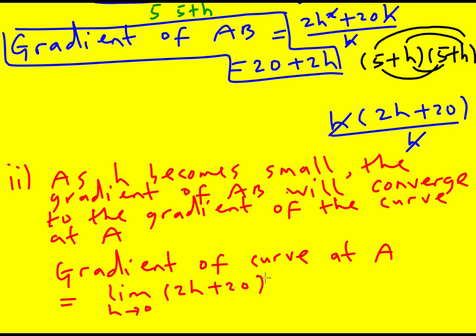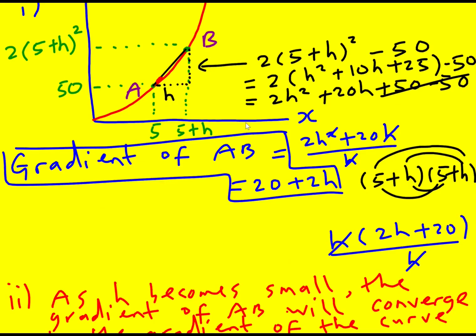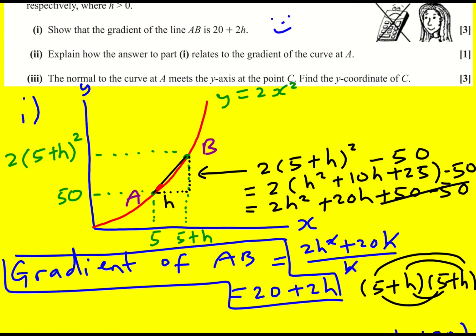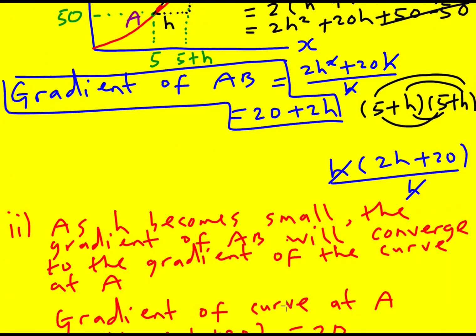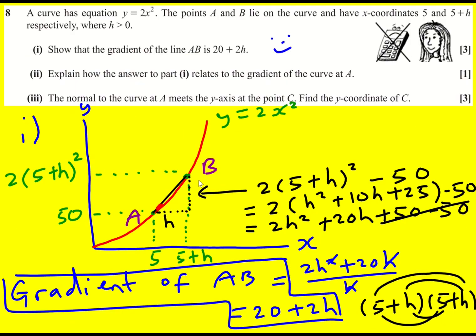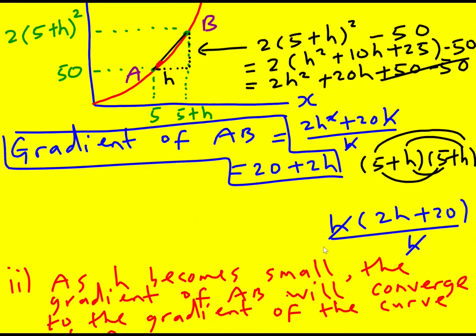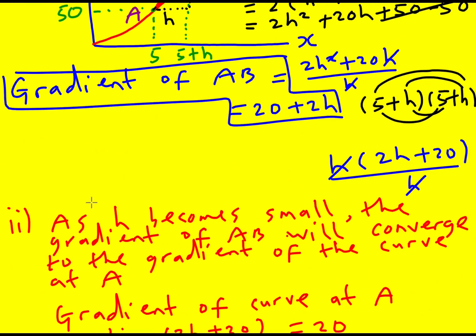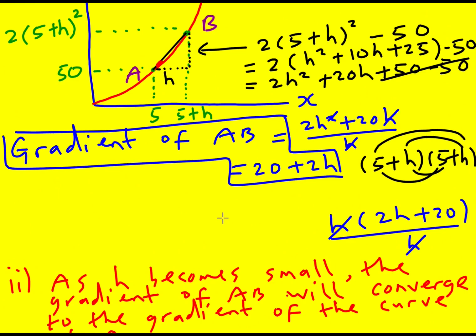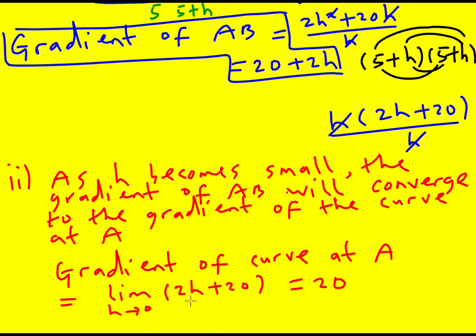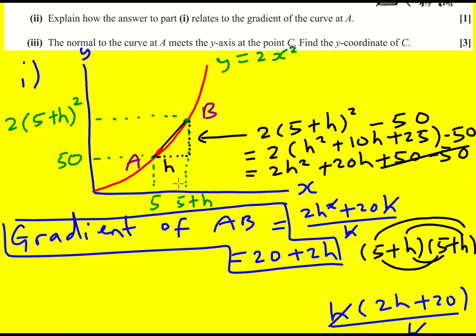And as h tends to 0, this disappears, and we're actually going to get this gradient 20. Now I just checked the mark scheme, and they do expect you to write about 20. It sounds a good idea, but you would get a mark just by showing understanding of the limit. So this is the best bit, but this is okay as well.